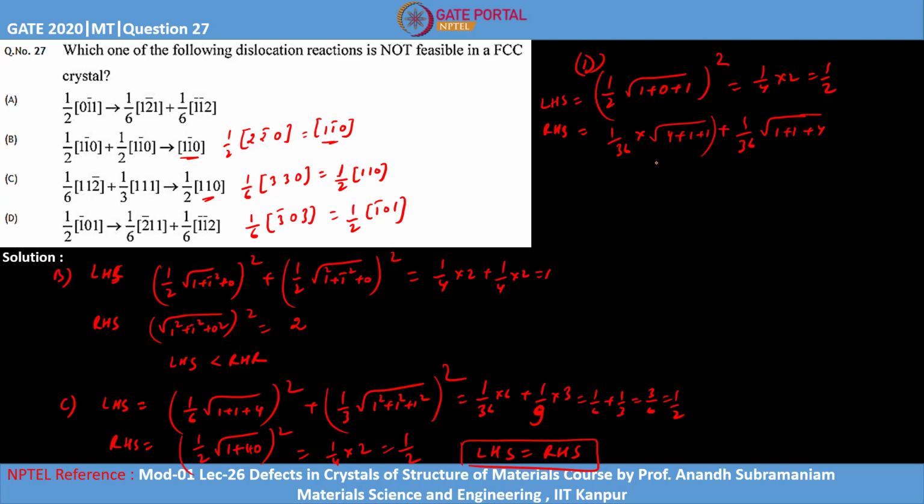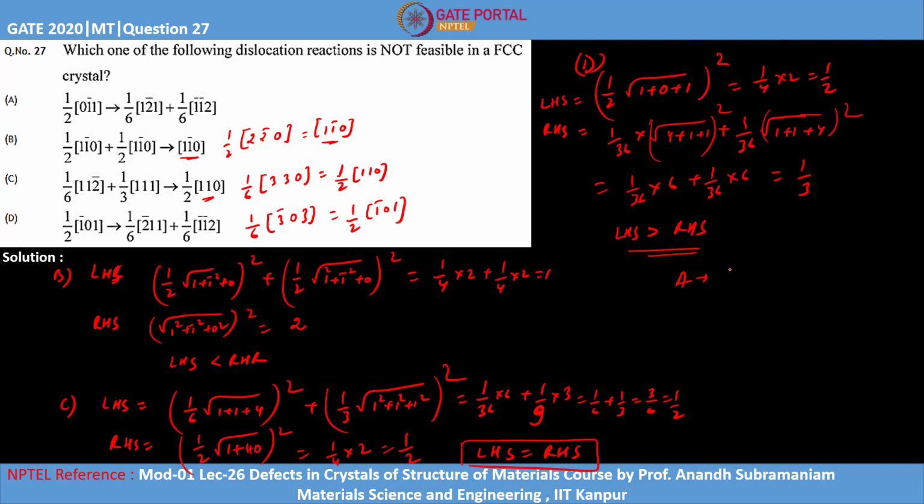Also this whole square and this whole square. Already I did 1 upon 6 square, that is 36, so I am only doing this whole square. So it will be 1 upon 36 times 6 plus 1 upon 36 times 6, which will give you 1 upon 3. So LHS here also is greater than RHS, so this is also a feasible reaction.